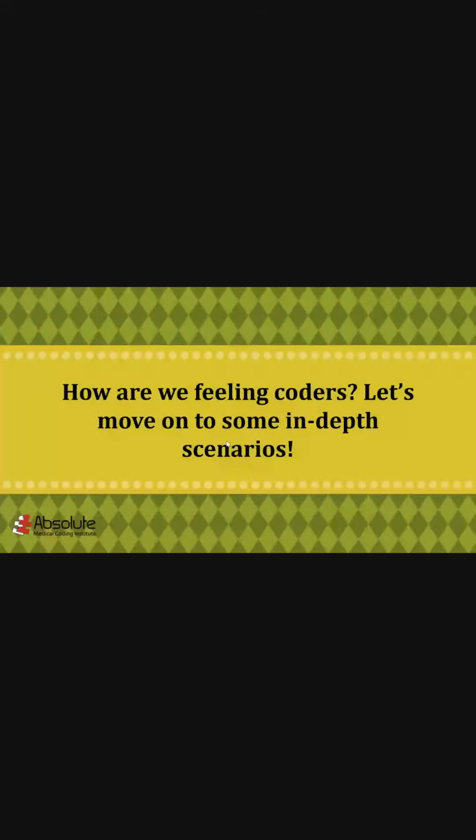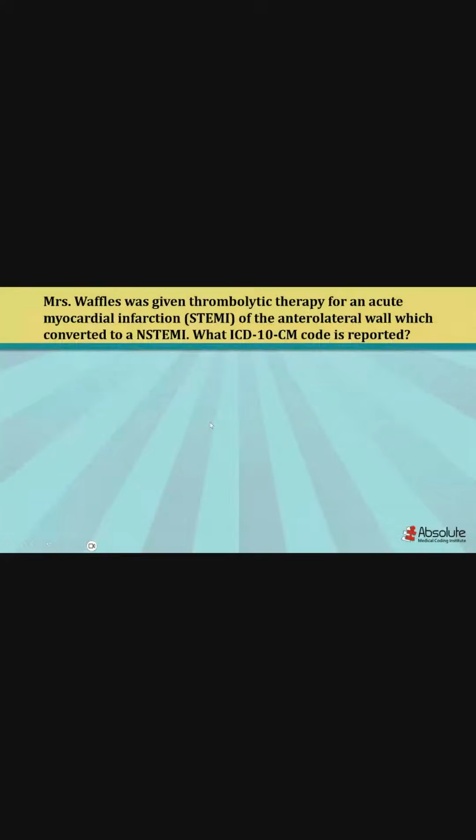All right. Okay. Alrighty. So again, this is our scenario. Ms. Waffles was given thrombolytic therapy for an acute myocardial infarction STEMI of an anterolateral wall, which converted to an NSTEMI. What ICD-10-CM code or codes are reported?